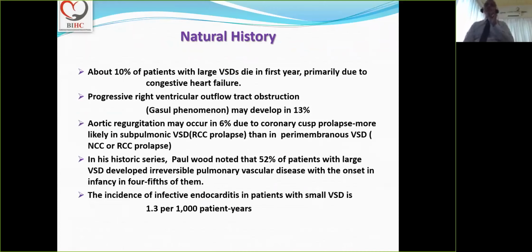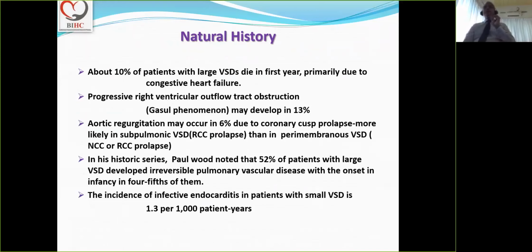This was not present before, but over a period of time it develops, may become manifest by 6 or 7 months. So a baby that you were treating for heart failure with a large perimembranous VSD, the heart failure disappears and you hear a louder murmur, and this is called the Gasul phenomenon, acquired infundibular stenosis in a large VSD.